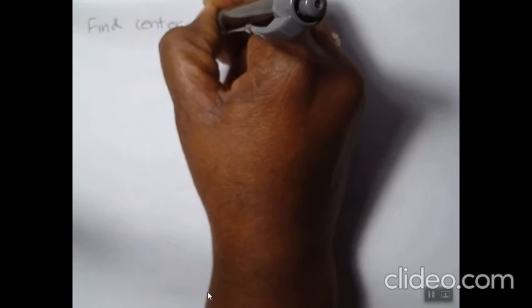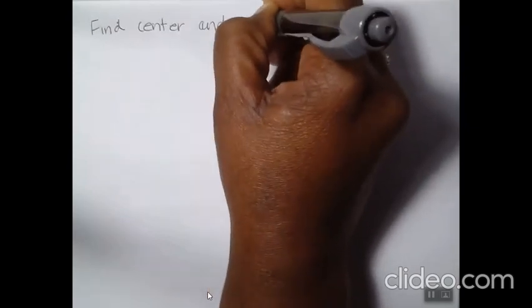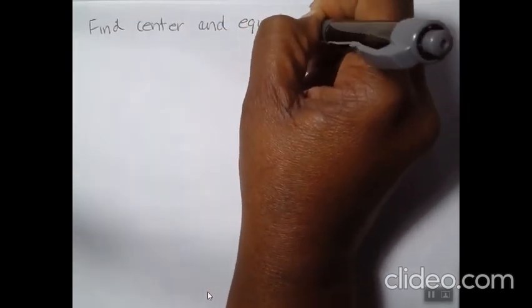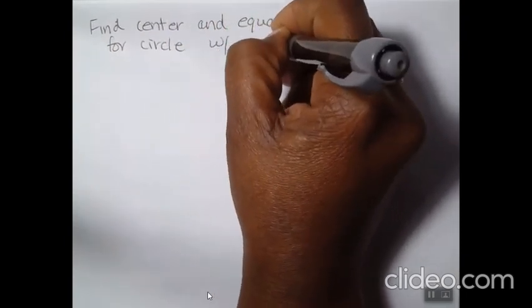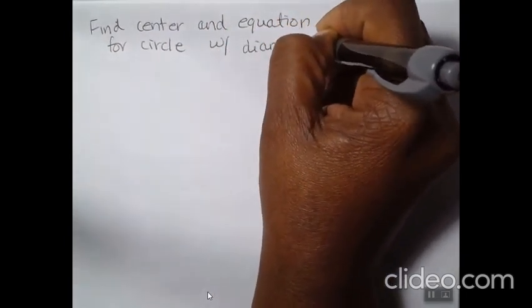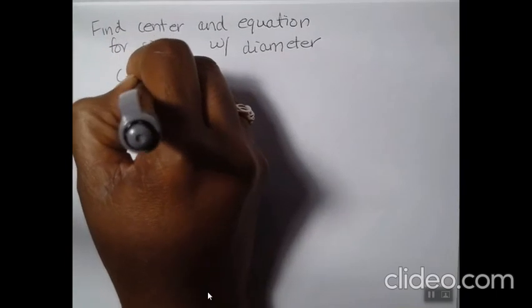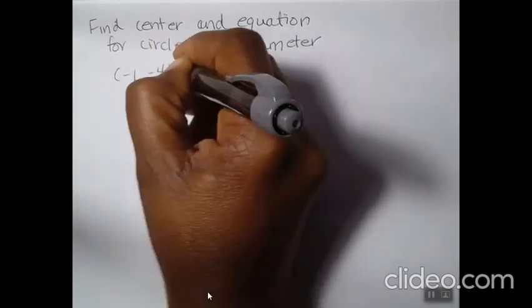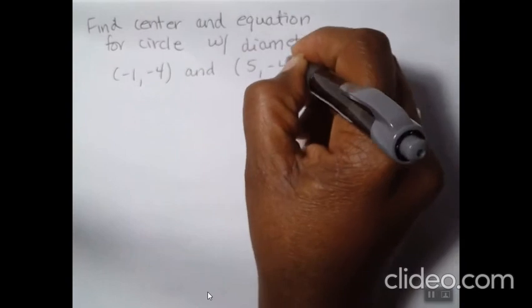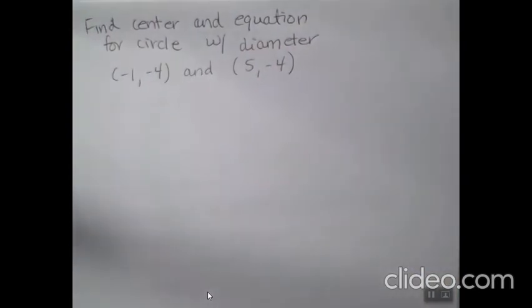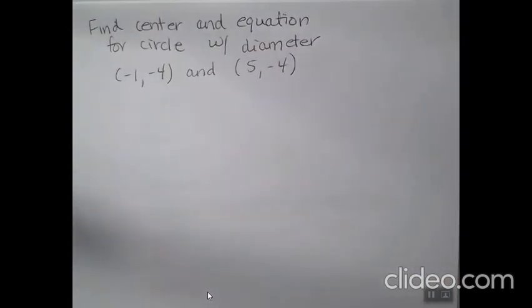So you want to find the center and equation for the circle with the diameter of (-1, -4) and (5, -4). Well, you have 2 points that you've been given.